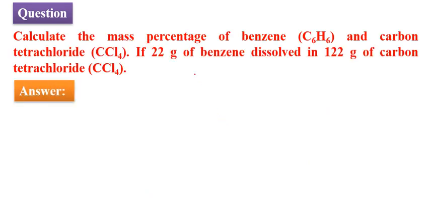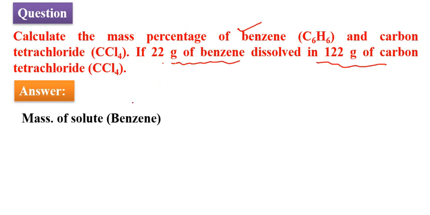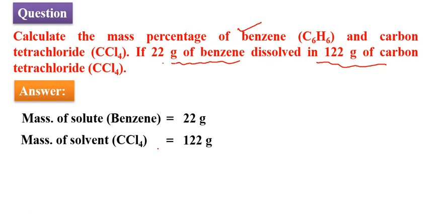Next, calculate the mass percentage of benzene and carbon tetrachloride if 22 gram of benzene is dissolved in 122 gram of carbon tetrachloride. Mass of solute, the less quantity, is 22 grams. Next, mass of solvent is 122 gram. Then we have to calculate mass by mass percentage.